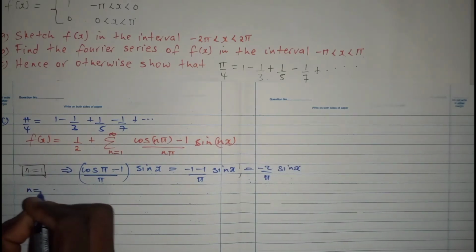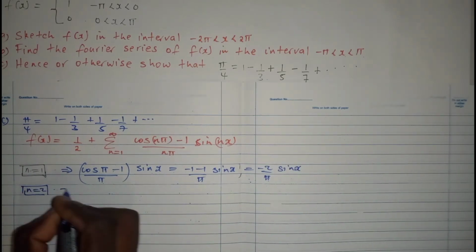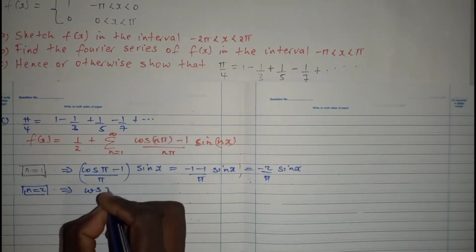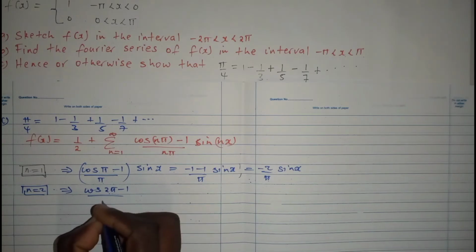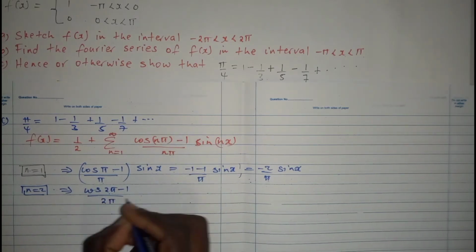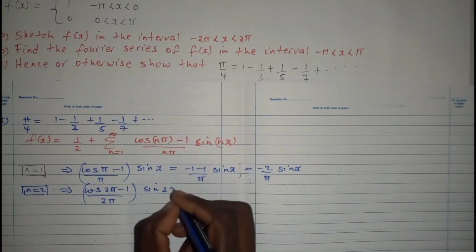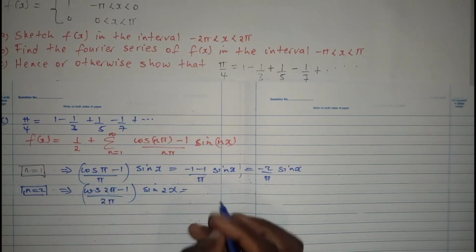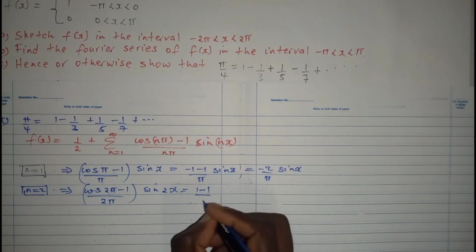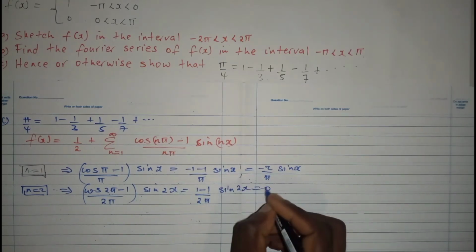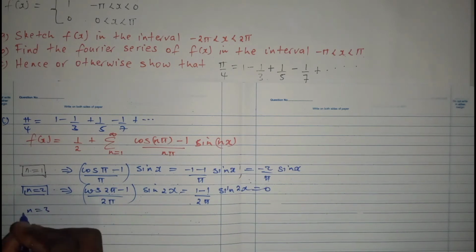Okay, let's go when n equals 2. What is going to happen? We're going to have cos 2 pi minus 1 over 2 pi times sine 2x. Cos 2 pi is positive 1, so I'm going to have positive 1 minus 1 over 2 pi sine 2x, and that's going to give us 0. Let's try for n equals 3.